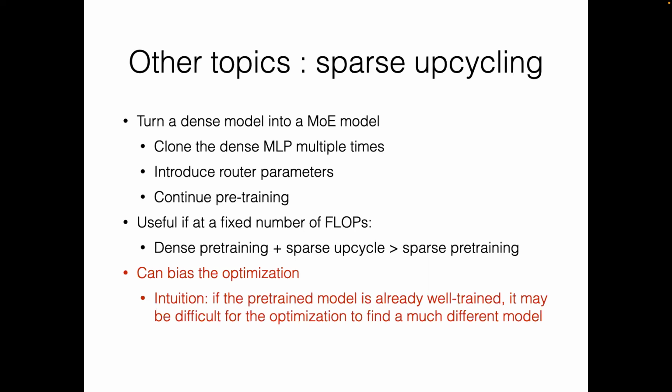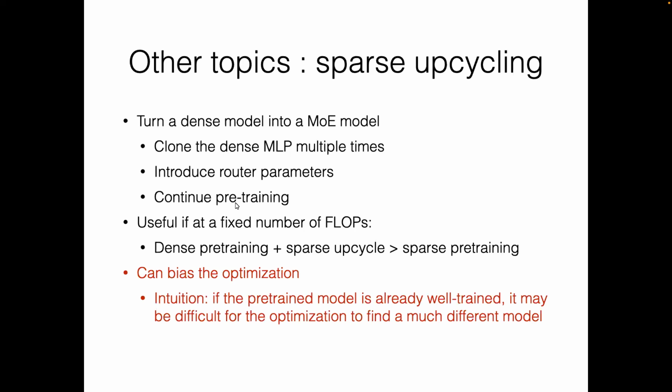So just broadly speaking, what are some potential downsides to this? Well, when you think about it, it can bias the optimization in some sense. Maybe the intuition is, this pre-trained model has found this configuration of weights that's really well trained. And so if you're just doing this continued pre-training, it's maybe already biased in some sense.